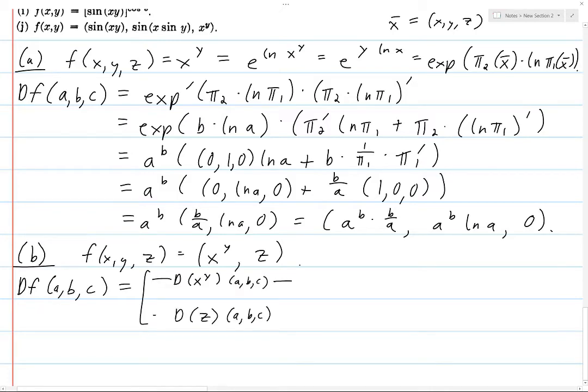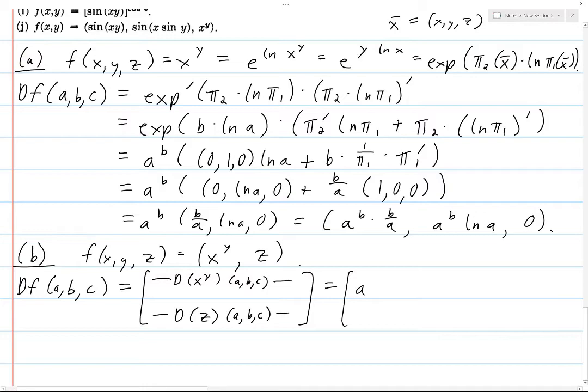Finally, we end up with a matrix. The first row, we already did in part A. It's a to the b times b over a in the first column, a to the b times natural log of a in the second column, and 0 in the third column.